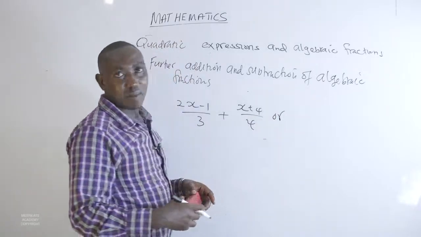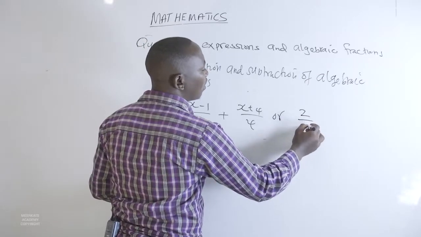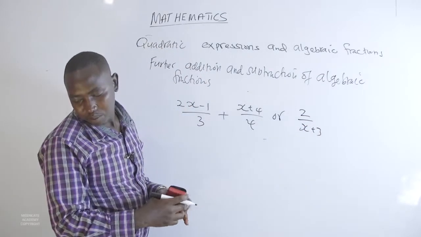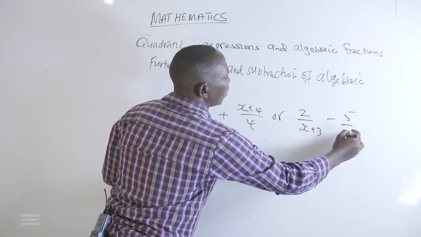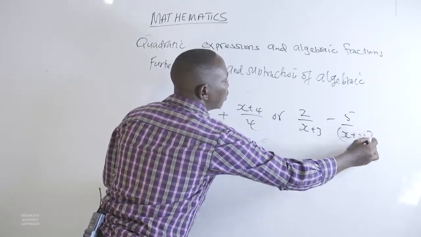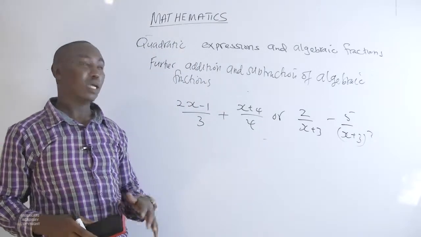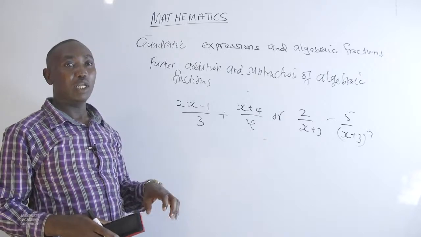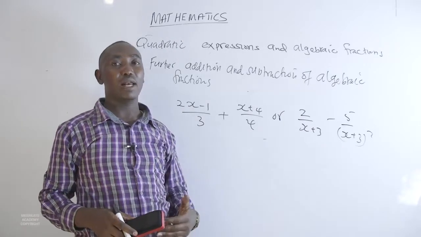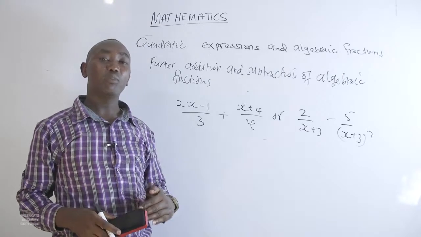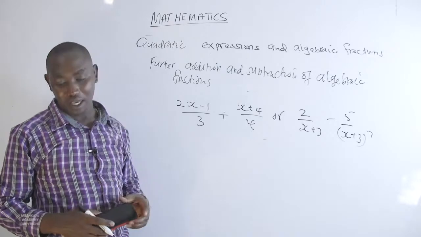Or even another much more complex expression, 2 all over x plus 3 minus 5 into x plus 3 squared. These are high level algebraic fractions that we are supposed to simplify by further addition and subtraction. What are we supposed to do in such cases?